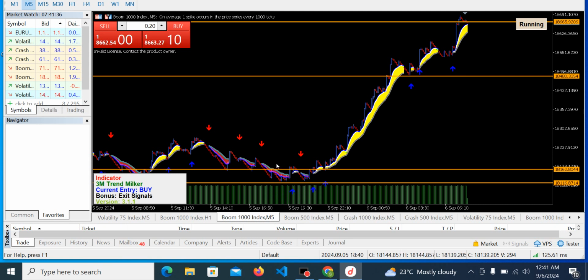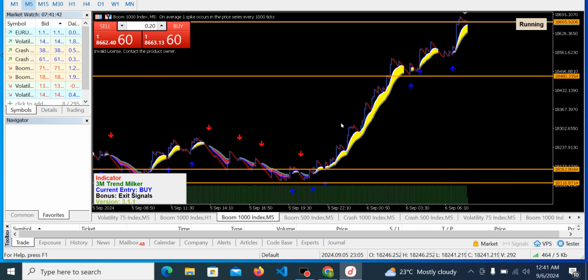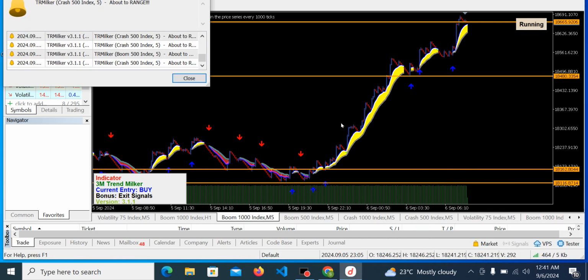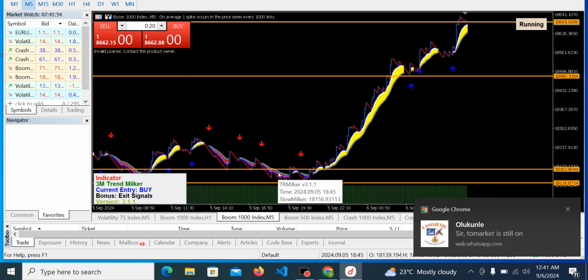I've always been explaining this in my videos that once it gets to the support zone, there are two things that are most likely to happen around here. It is either there is a breakout below this support zone, or there is a change in direction of the trend. So this is very important.